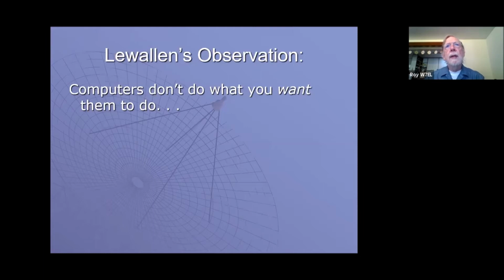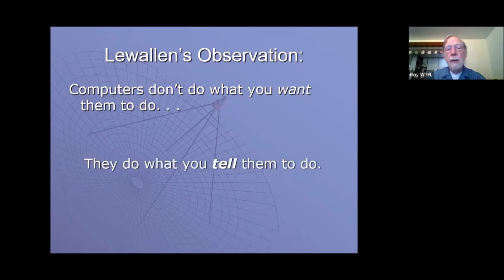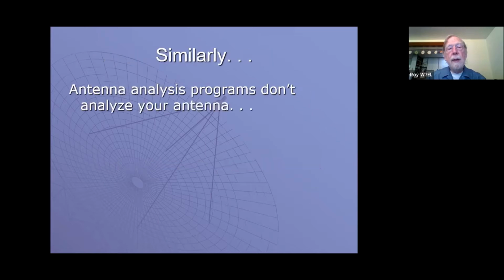If you ignore certain important characteristics of the antenna in your model, then the output, of course, won't represent what the real antenna does. Computers don't do what you want them to do, they do what you tell them to do. And those are things to keep in mind when doing modeling.